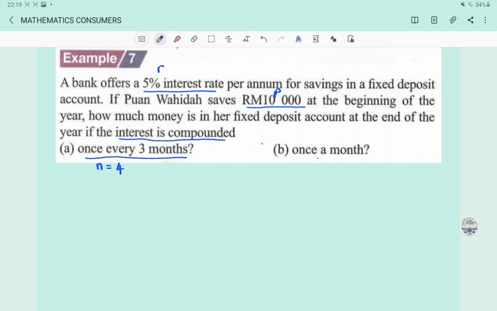So for 4 times a year it will be compounded for question A. For question B, once a month means N equals 12, so it will be compounded every month.